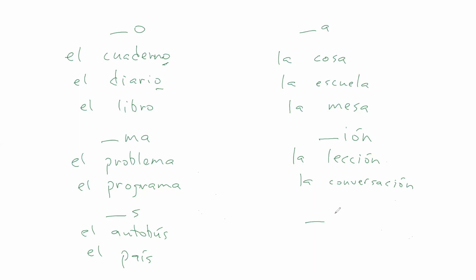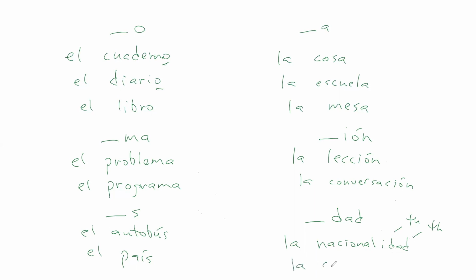On the feminine side, we have quite a few words that end DAD, and they're going to be feminine. So here we would have la nacionalidad, feminine. Remember, these Ds are going to be pronounced like THs. So repeat that one after me. La nacionalidad. Great.